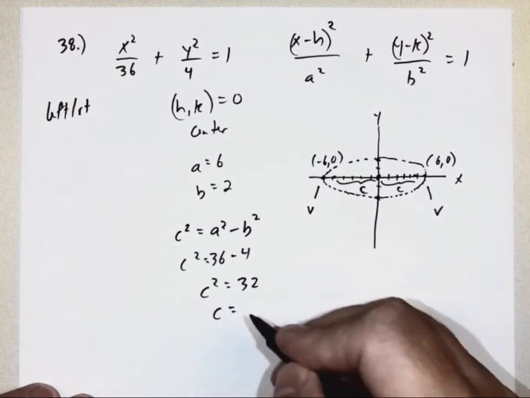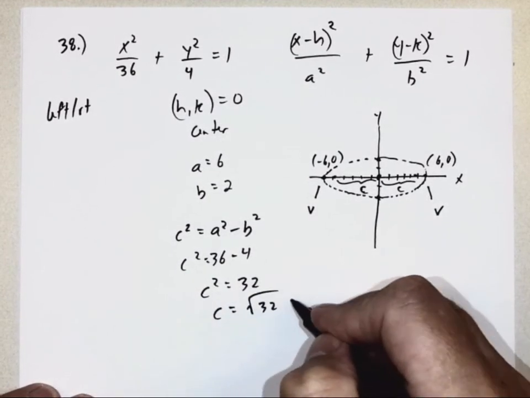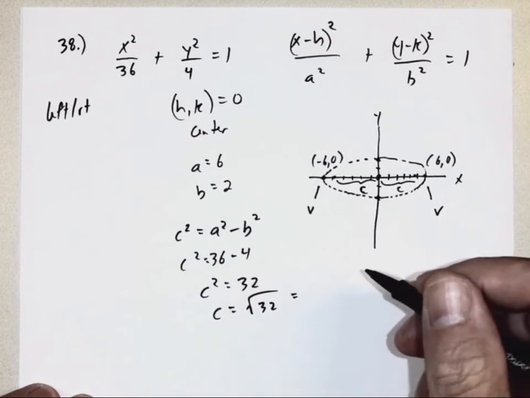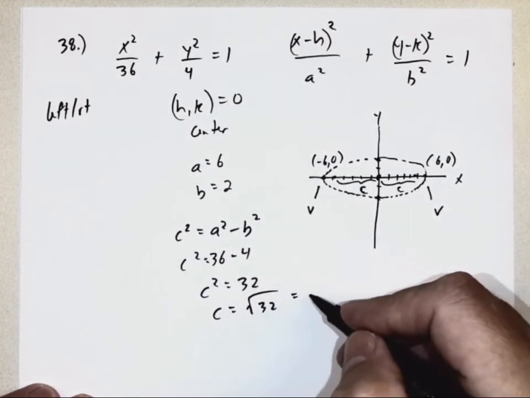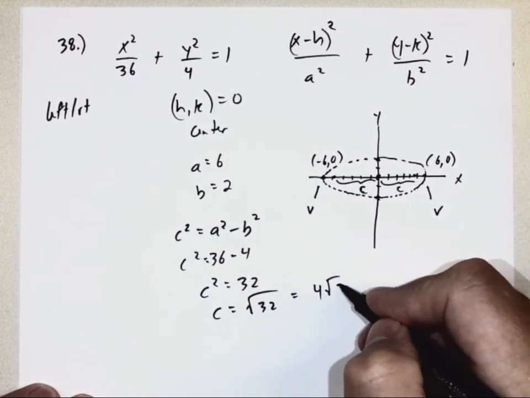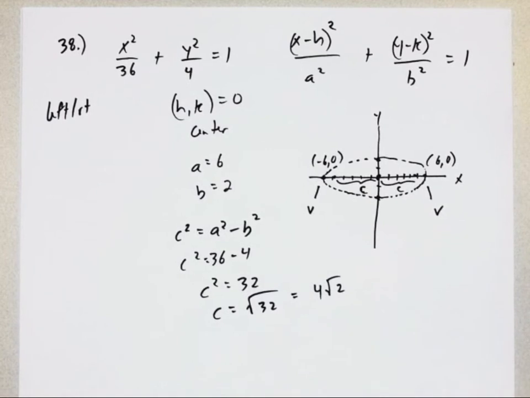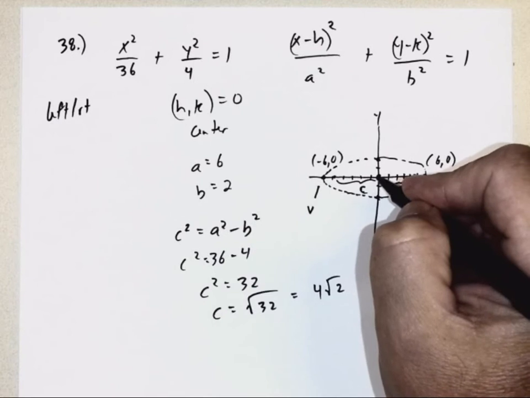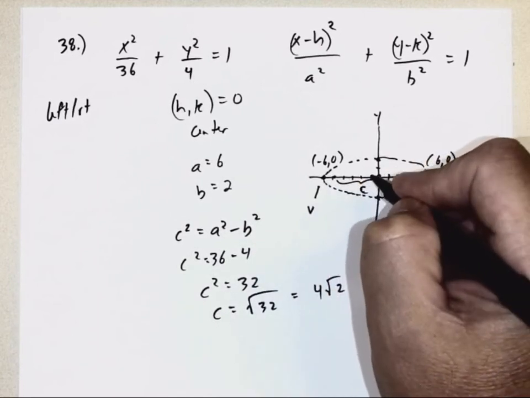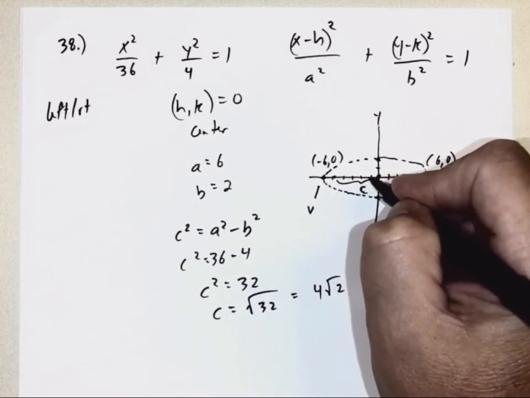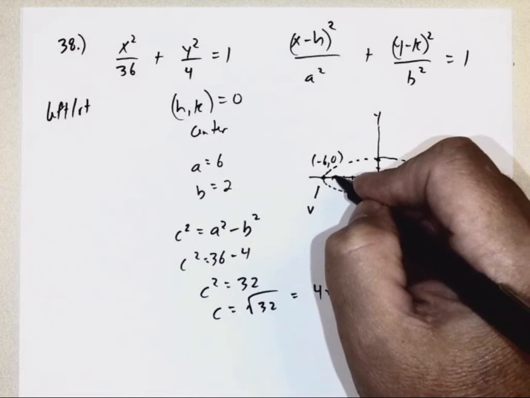So C is the square root of 32, which is 16 times 2, simplify it, it's 4 square root of 2. So therefore from here, this foci, 4 square root of 2 is maybe right in here someplace.